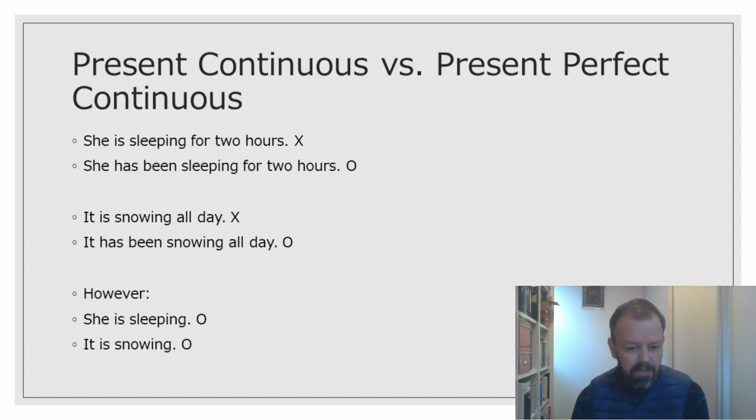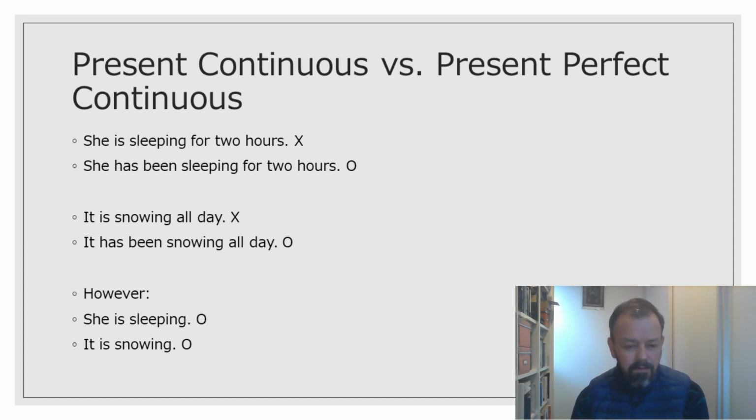Another example, it is snowing all day. Again, exactly the same. If it started at the beginning of the day, which it must have done if it's all day, then we can't use is to describe it. It is snowing now is okay.